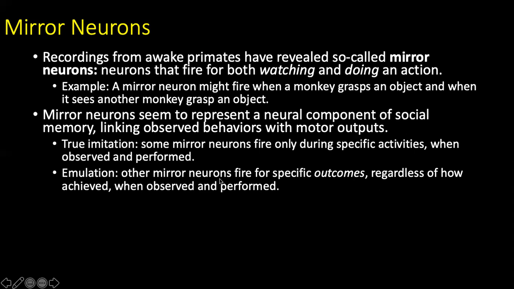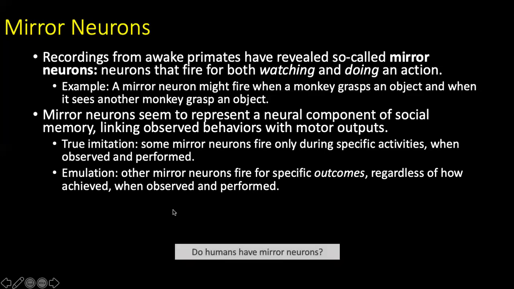And there's other mirror neurons that fire specifically for the outcome of certain behaviors. That is, regardless of how the end is achieved, whether we're watching someone else do it or performing it ourselves, right? So the fact that we can see that difference in neural coding that matches the way that we've also described different types of behaviors is something that psychologists and neuroscientists have been very excited to see, right?